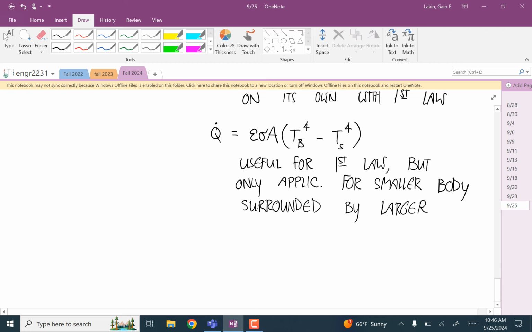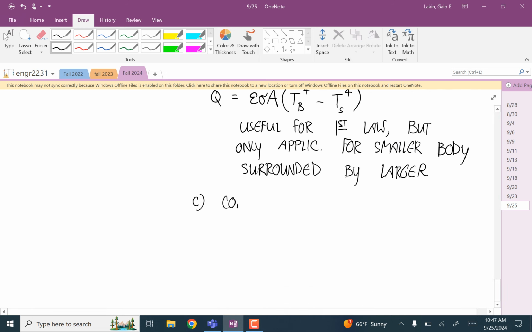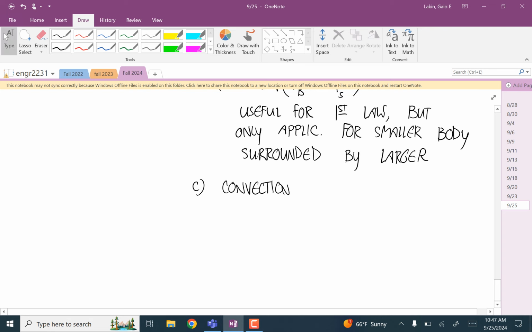And then the last one is convection. And this is the one that's sort of least like a law of physics and most just curve fitting something to your specific process. And this says that Q dot is equal to some constant that you found experimentally times the area of the material that's exposed to the fluid, times the difference between the temperature of the body and the temperature of the fluid.